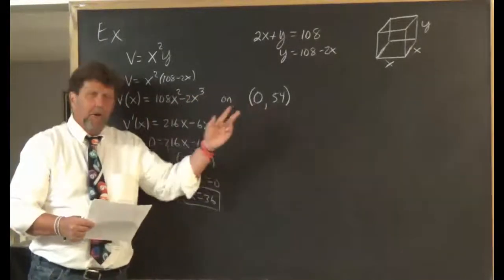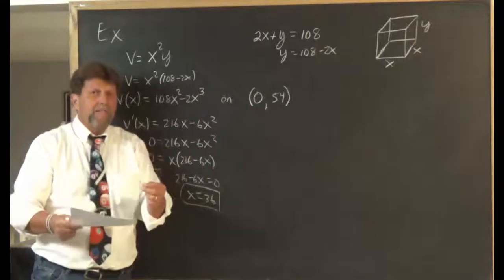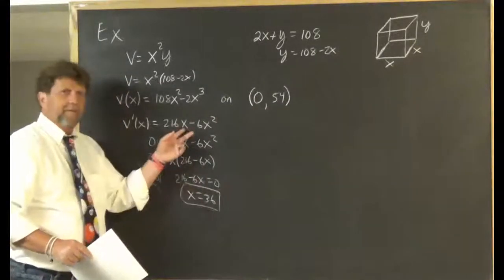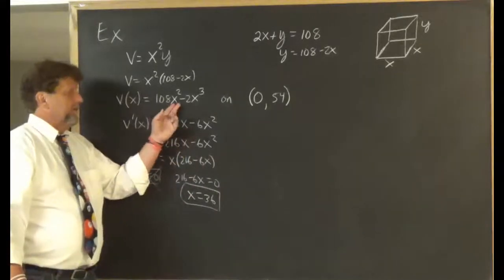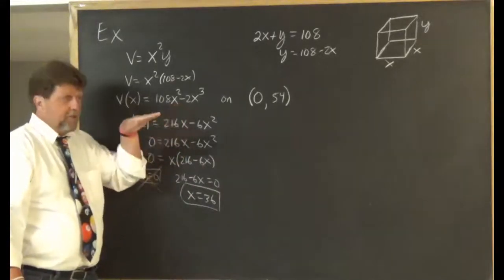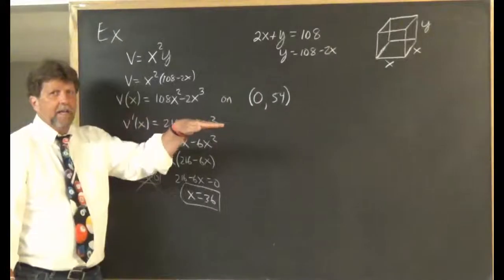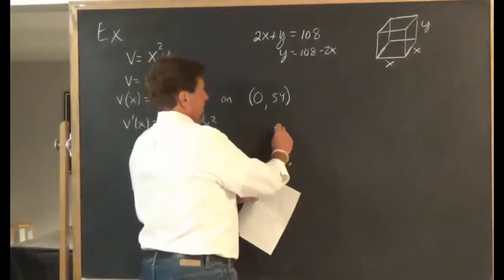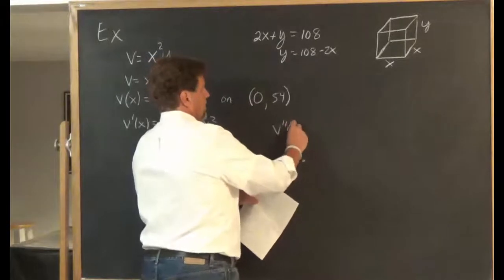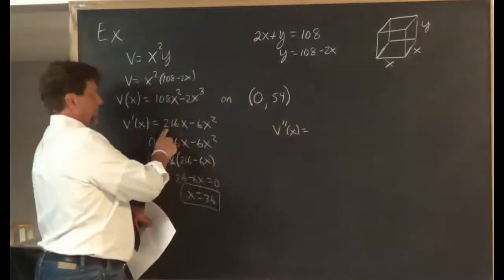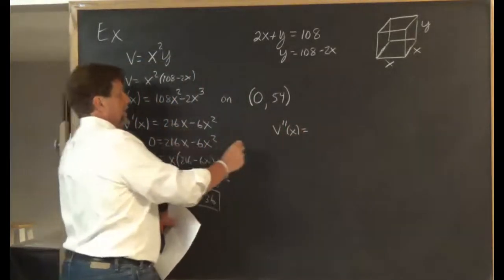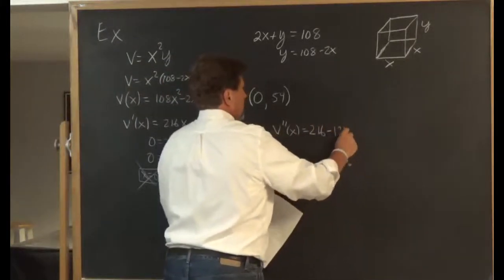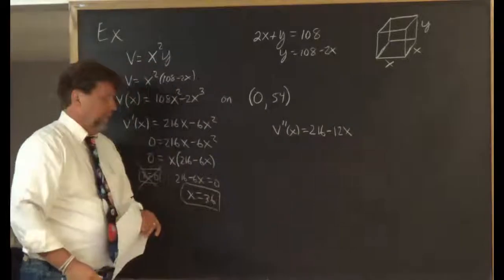Now, because I have an open interval, this is where the power of the second derivative test comes in. This is a value of x where the derivative is 0, which means if you look at the graph of the volume function, there would be a horizontal tangent line. The second derivative test says compute the second derivative. Okay, the second derivative is 216 minus 12x.